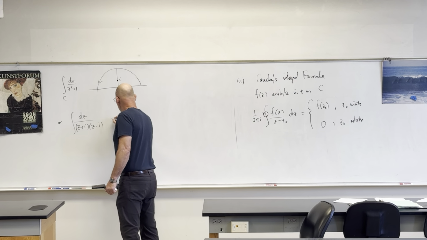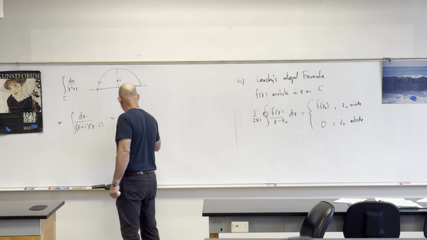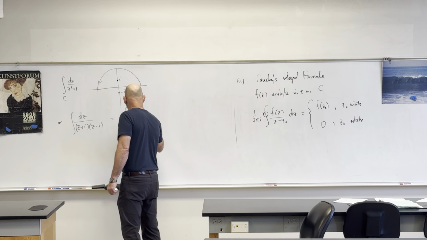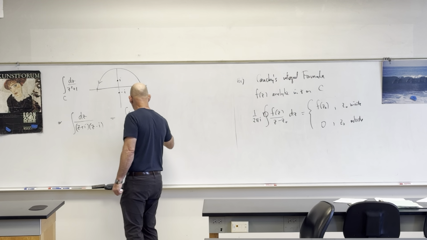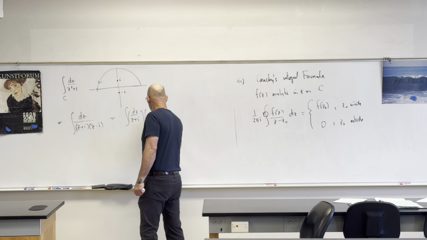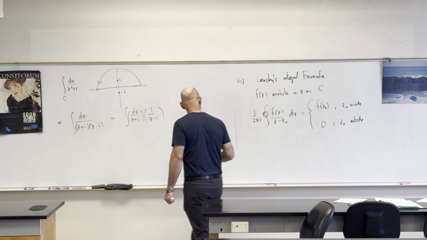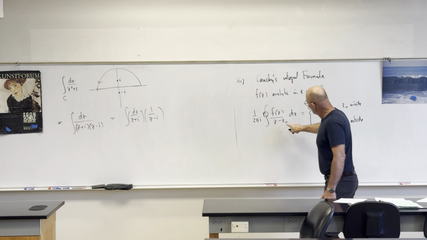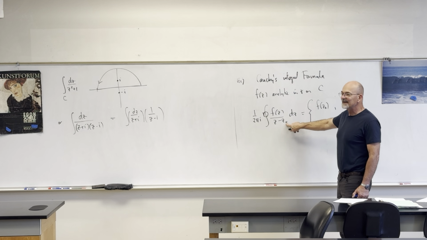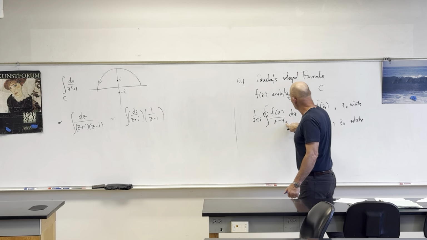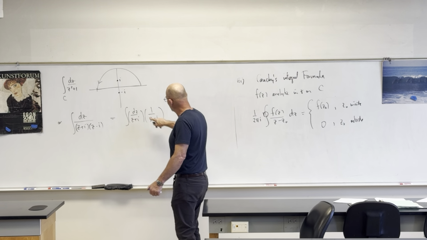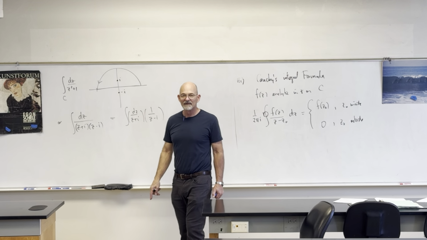So what we could do is say that is dz over z plus i, times 1 over z minus i. See, so the z sub 0 is i, and f(z) is 1 over z plus i.